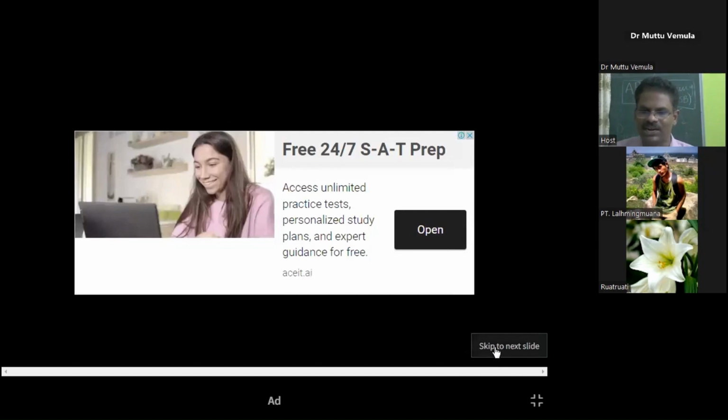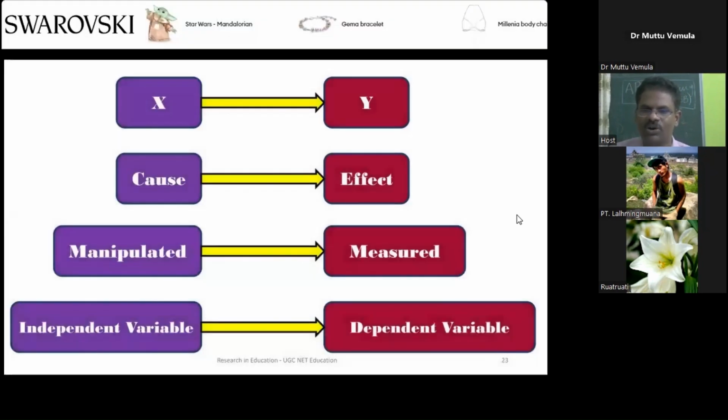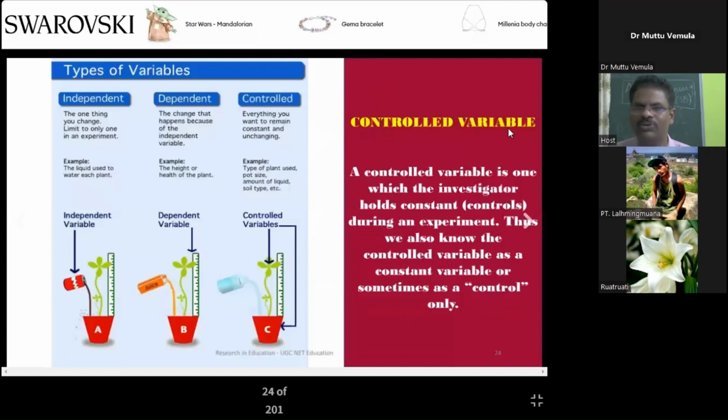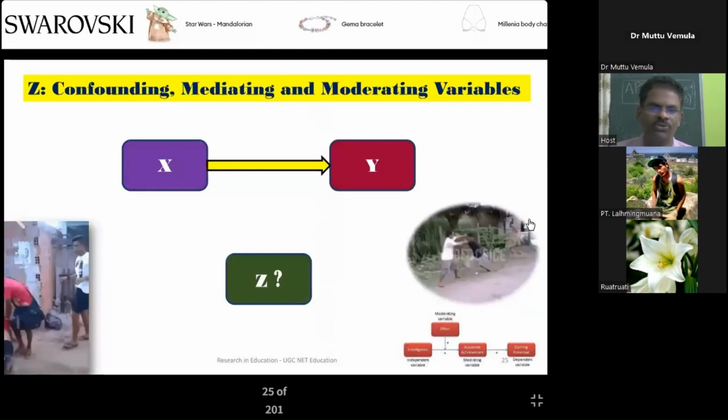That intervening variable, here the word used is controlled variable. So somewhere if you come across controlled variable, please understand that what is referred to is the intervening variable, right? That was explained in detail here. Z: compounding or mediating or moderating variable.